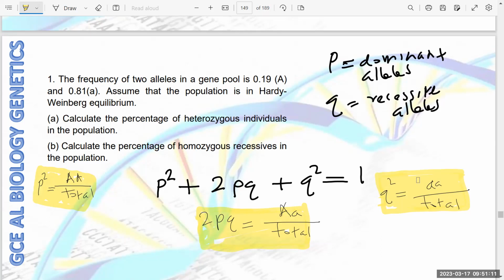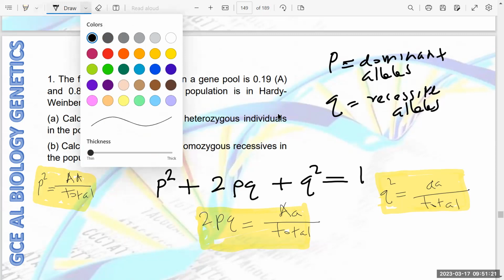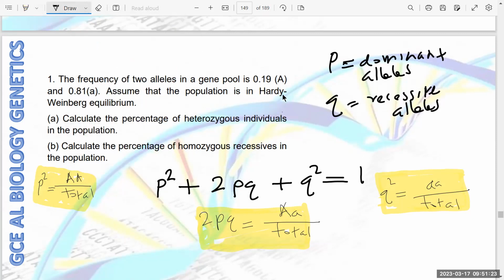Now this kind of simple calculation, how we can do it. Capital A allele frequency is given, 0.19, and simple A allele frequency is given, 0.81.